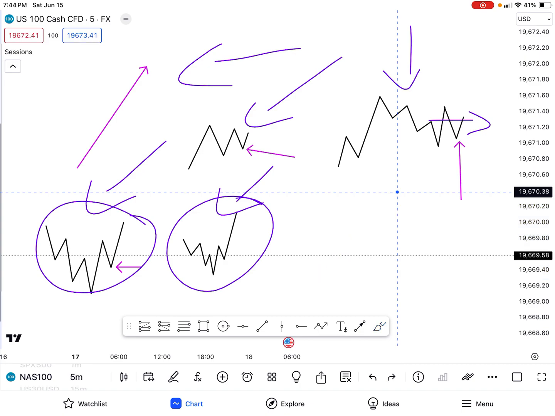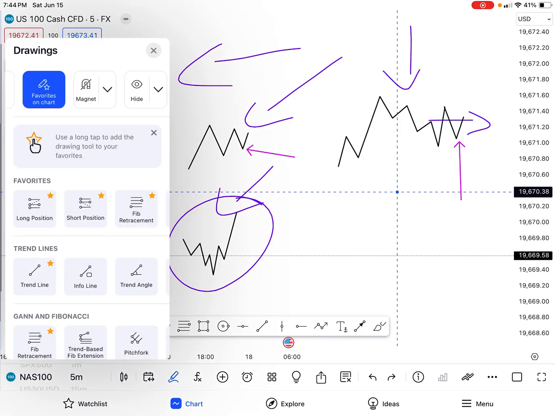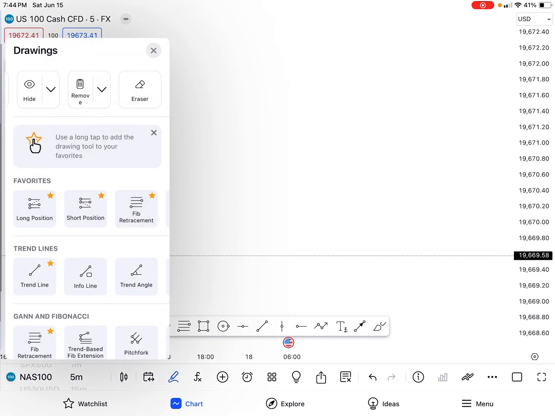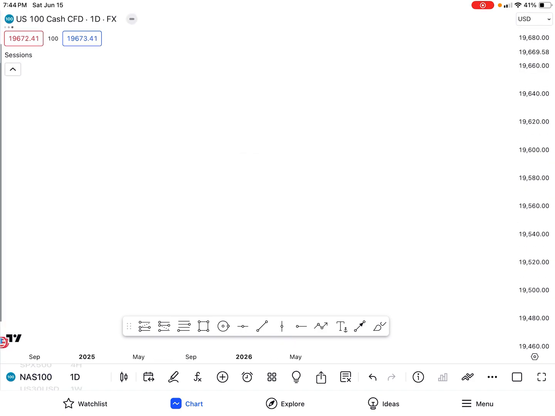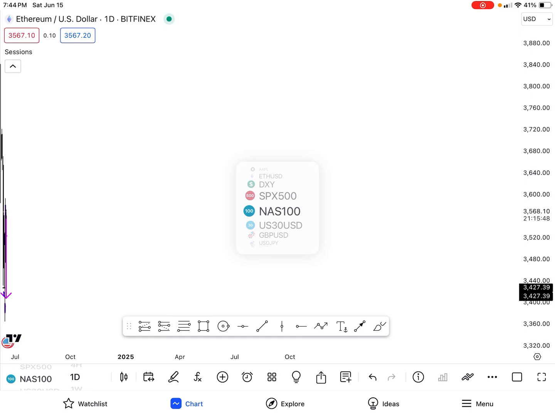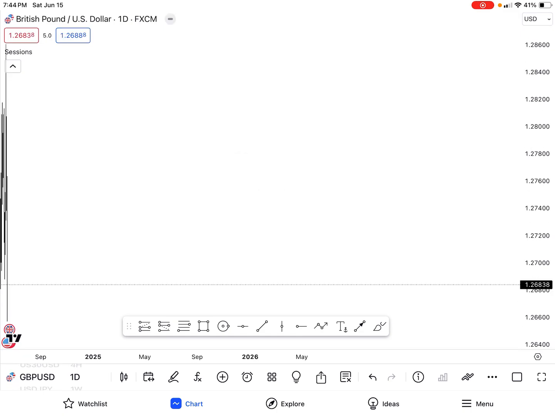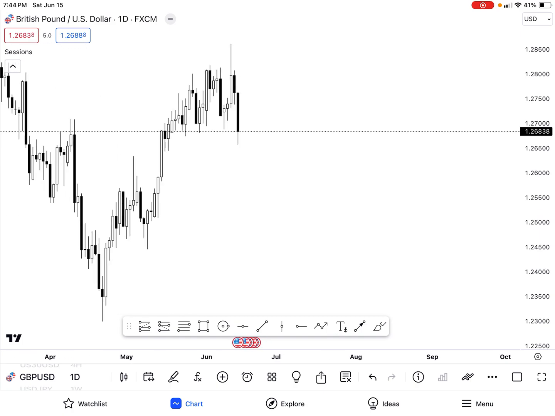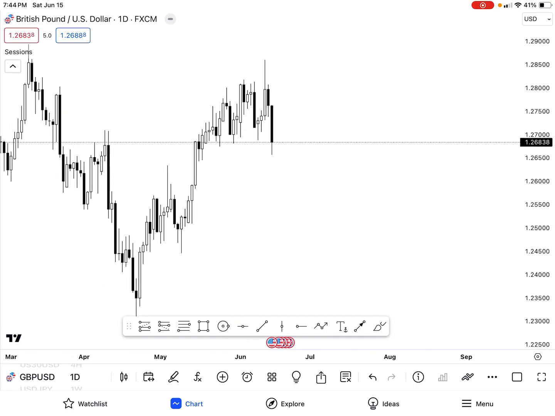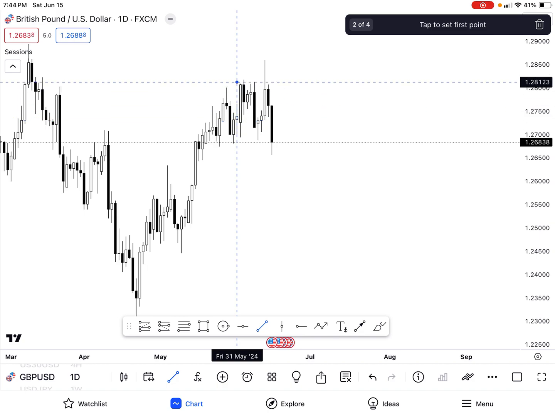All right, so now moving forward, let's go to GBP USD. I'll do a brief explanation of that. Let's go to the daily because that's how I like to see my pairs before anything. This price action was just beautiful. This is what you want to see.